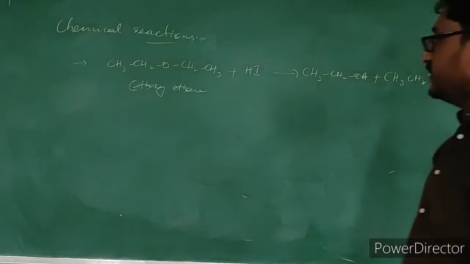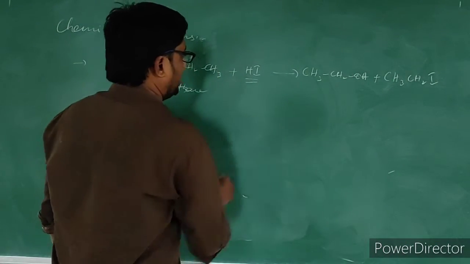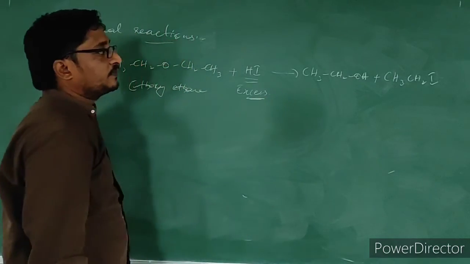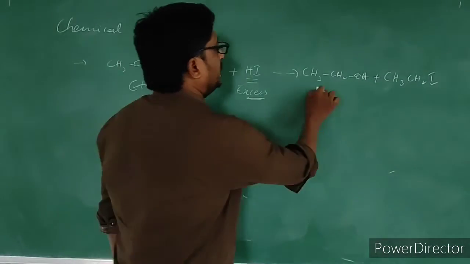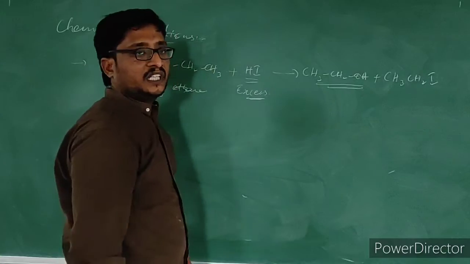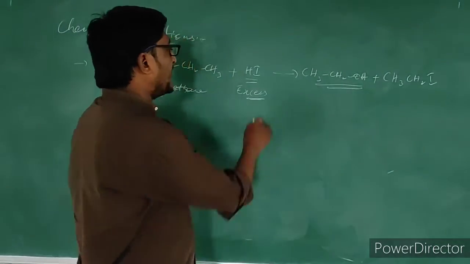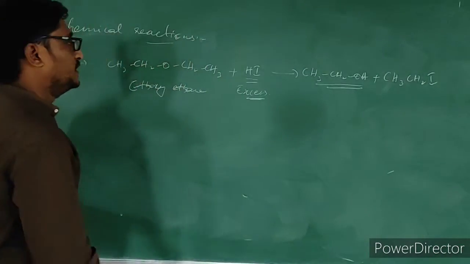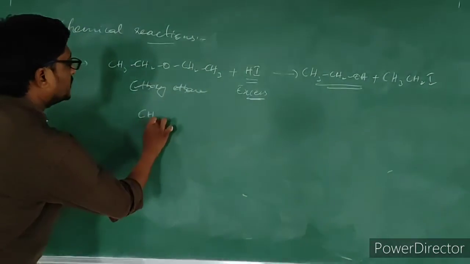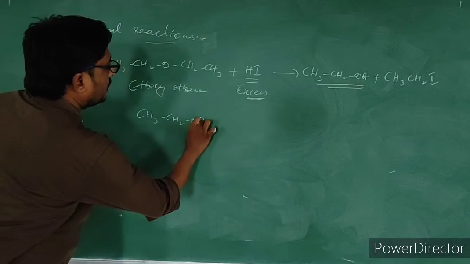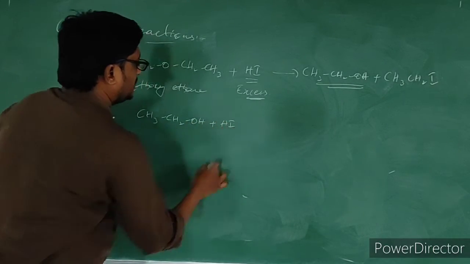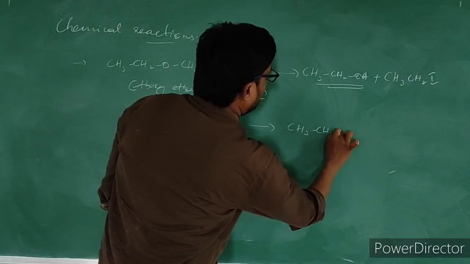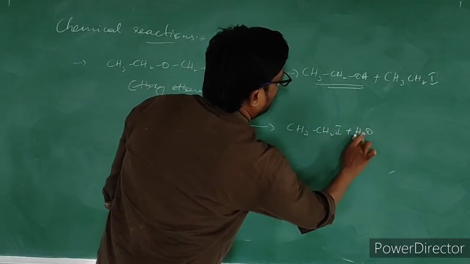When we use hydrogen iodide in excess amount, the ethanol which got produced here will further react with hydrogen iodide to form ethyl iodide as the product, and a water molecule will also get produced.